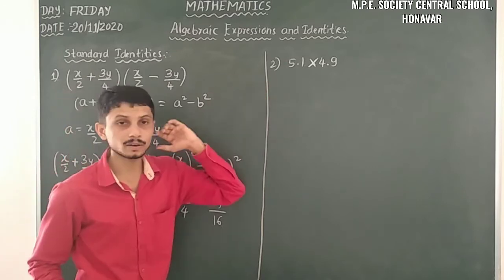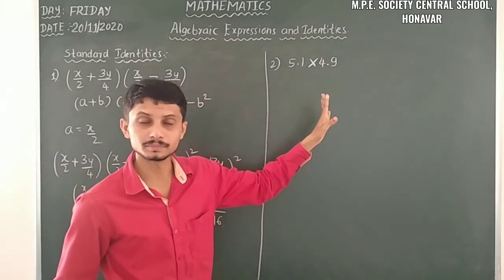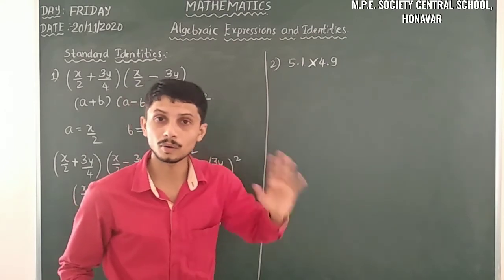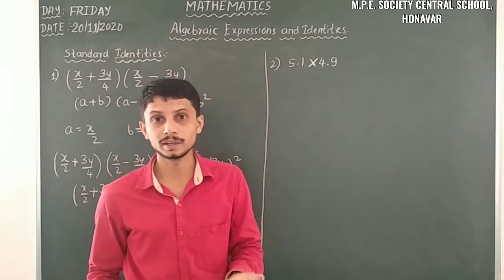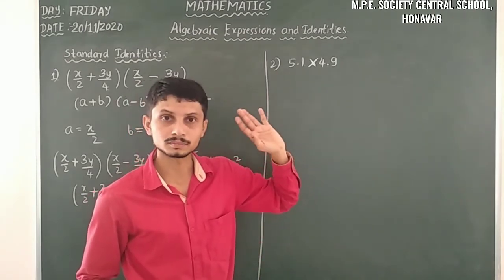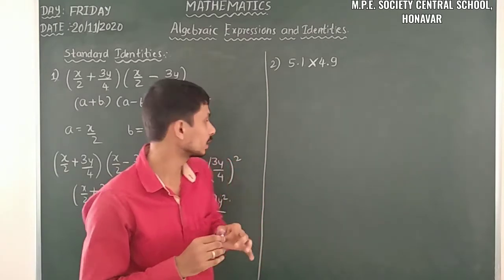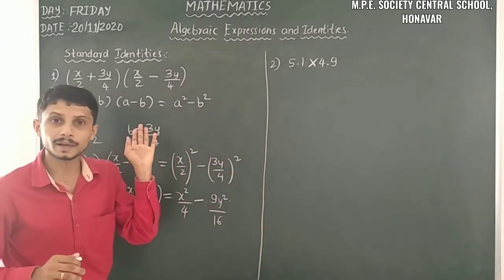Then let us look at this one. Here 5.1 and 4.9 are there. Sometimes we have 99 into 101 or 51 into 49. In that case we have to convert it into the simplest form, that is (a plus b) into (a minus b).